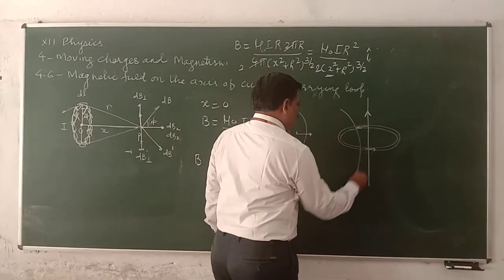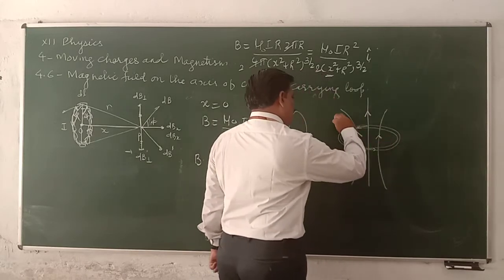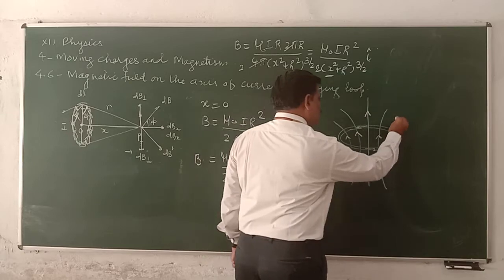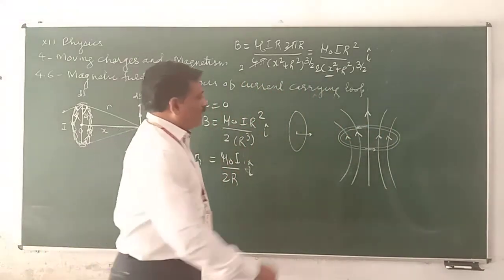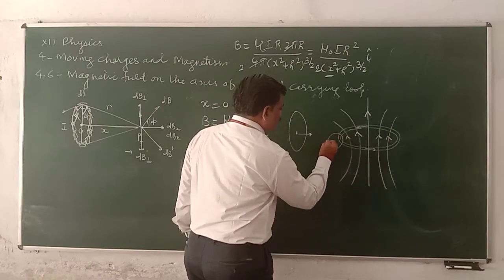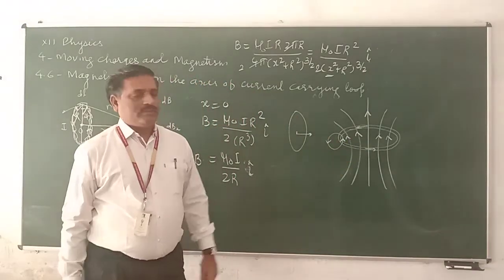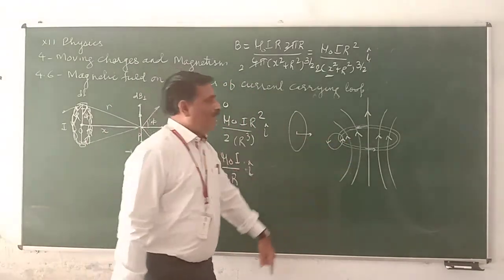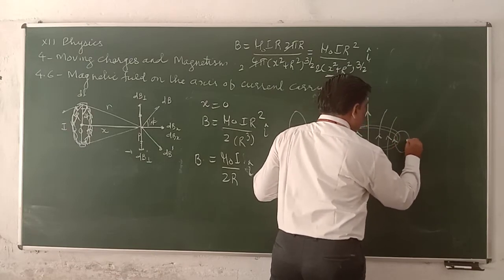Now here, to this side it is here, to this side it is here. Again to this side it is here, to this side it is here. It keeps on curling, bending. But at this one, it is completely circular, and you can see that it is in anti-clockwise direction. At this point it is anti-clockwise, but at this one it goes clockwise.